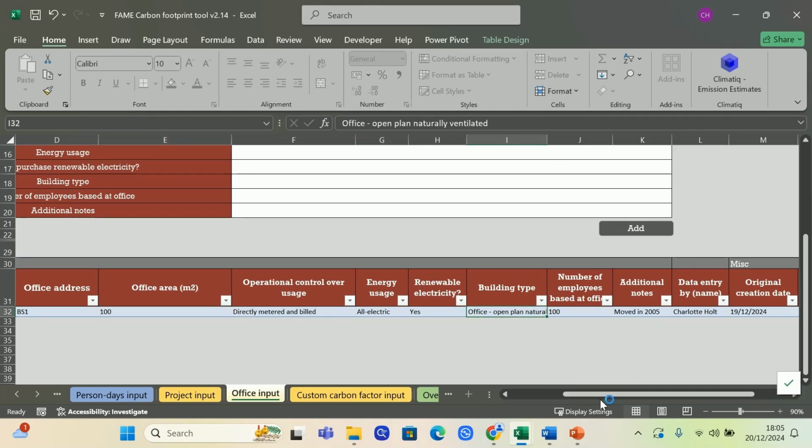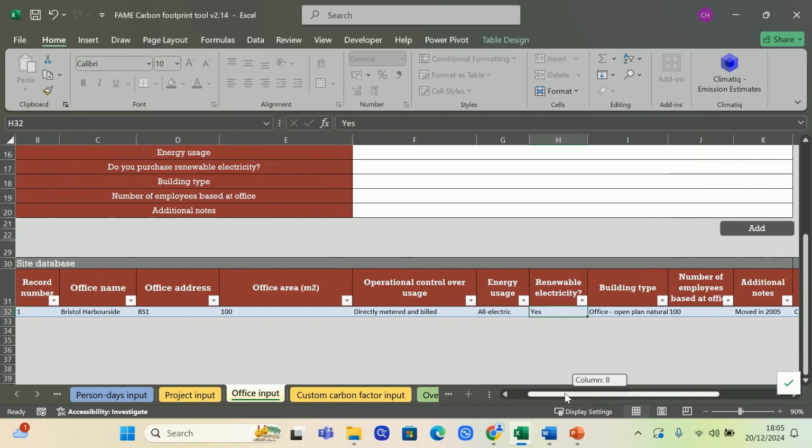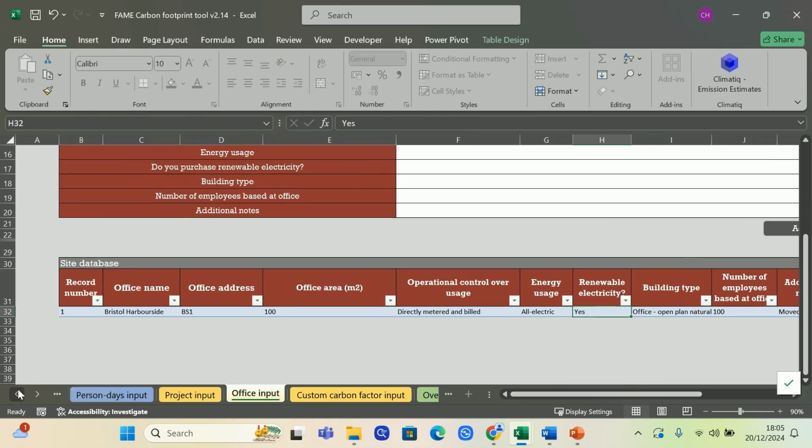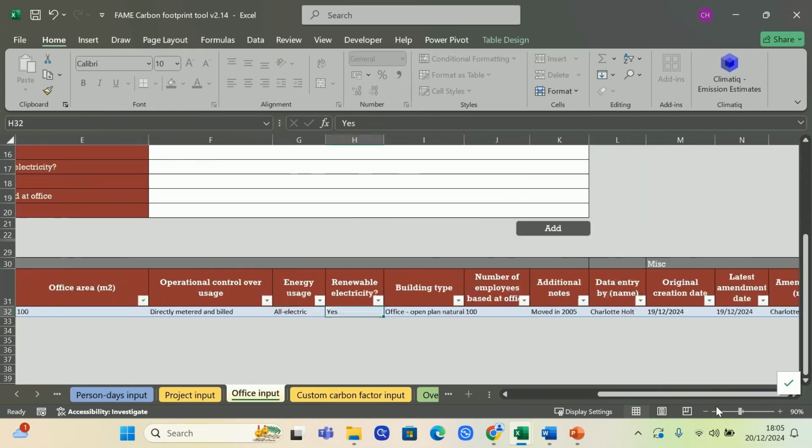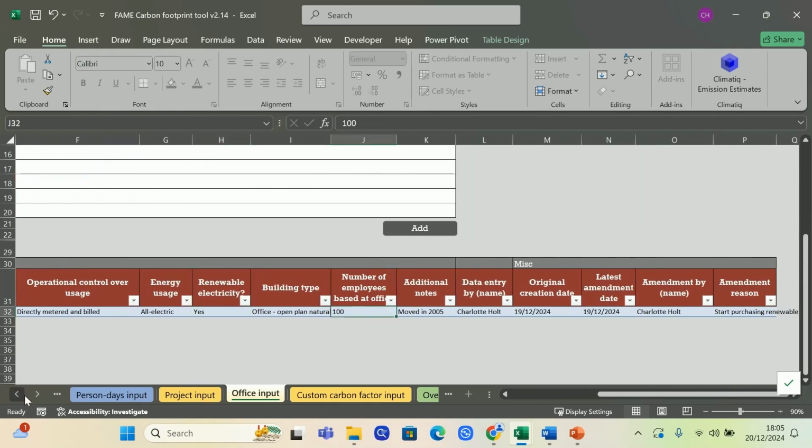And if it's all electric, it will adjust for this, as it will generally have more consumption than an office that also uses natural gas. And it will also take into account the renewable electricity when calculating the market-based footprint. And then for the commuting, it will use the number of employees based at the office to make the estimate.